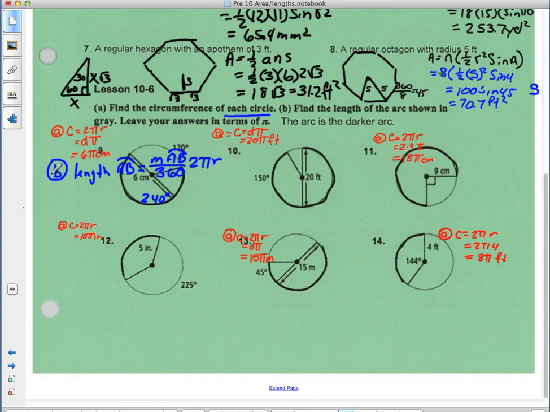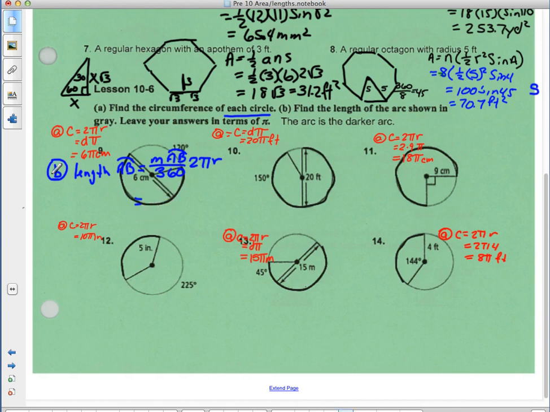And since the solid is 240, we're finding the length of the arc shown in gray. Oop, I lied. It says in gray, but we want the bold arc. We're doing the bold arc on each one of these. So the bold arc is what we're going to be finding.